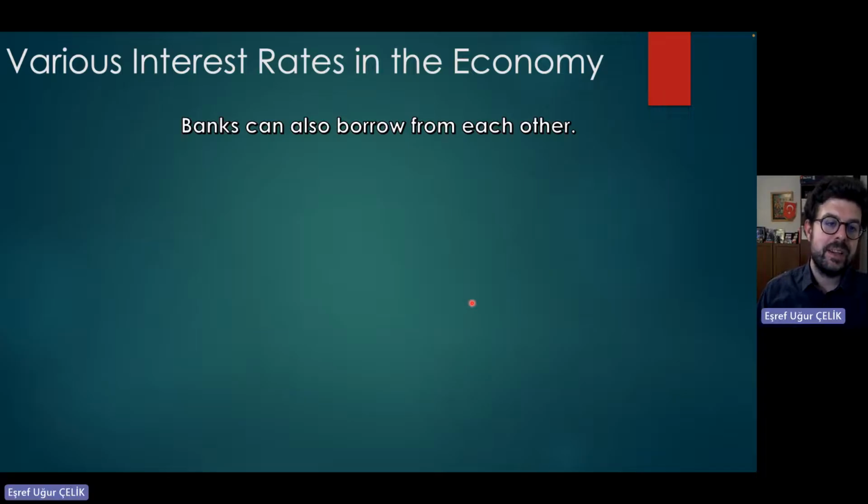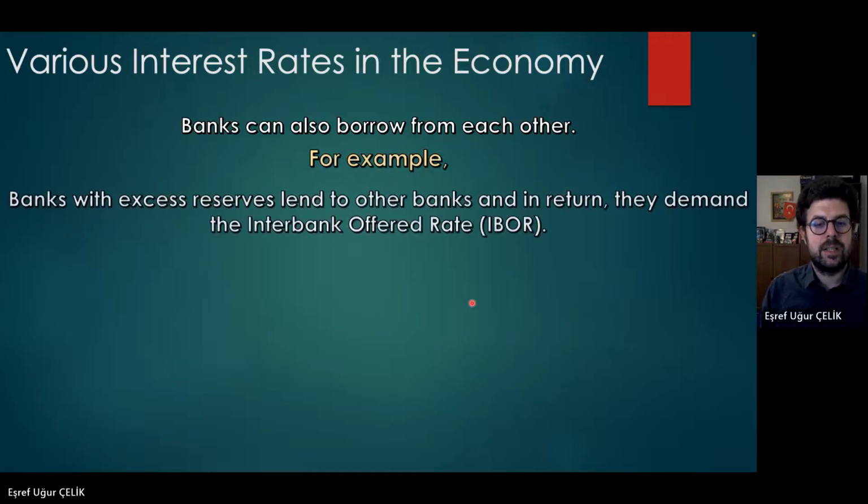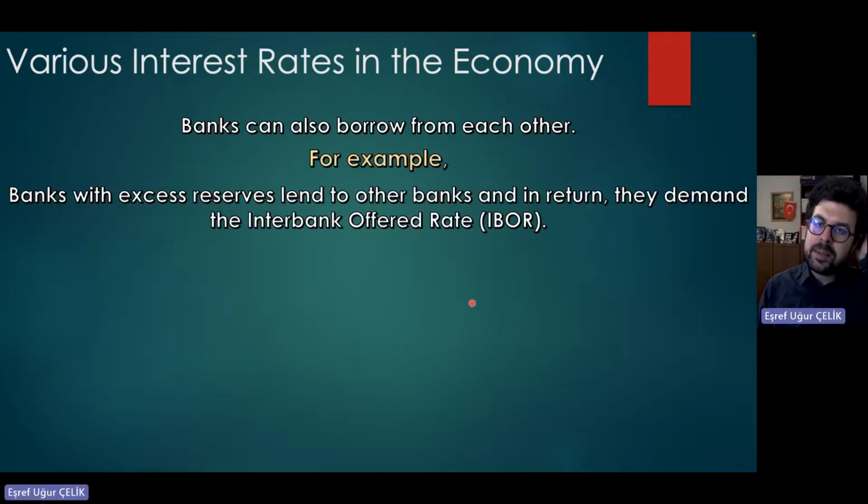And another interest rate in the economy: banks are able to get money from the central bank, and also banks are able to get money from other banks. In that process, they use an interest rate, and that is called, in Turkey, for example, or other countries, IBOR, interbank offered rate.